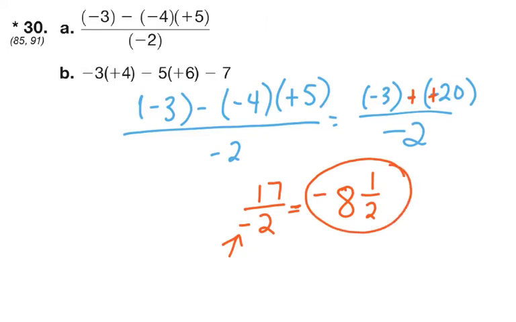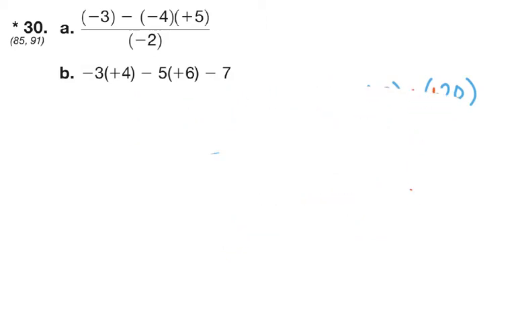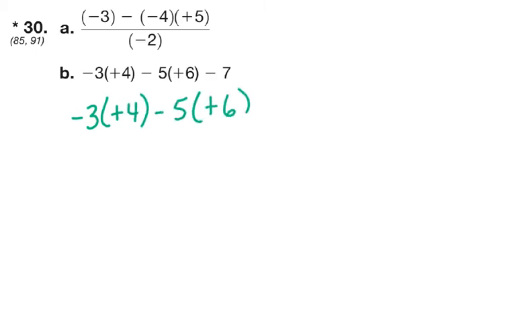Okay, so if you didn't get that right, go ahead and fix that and show me your work as you did it. Okay, let's look at the other one. This one is negative 3 times positive 4 minus 5 times positive 6 minus 7.